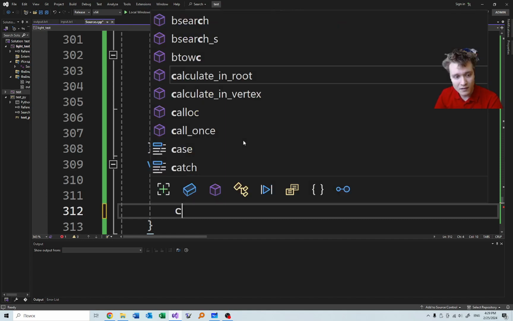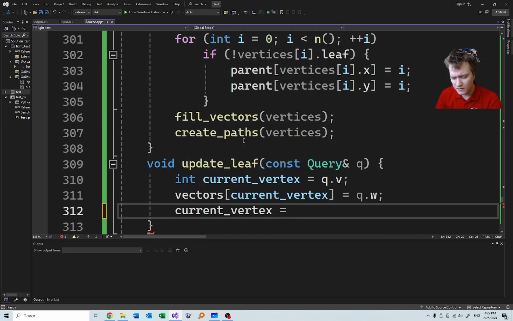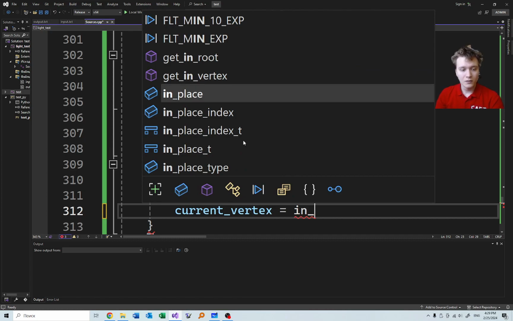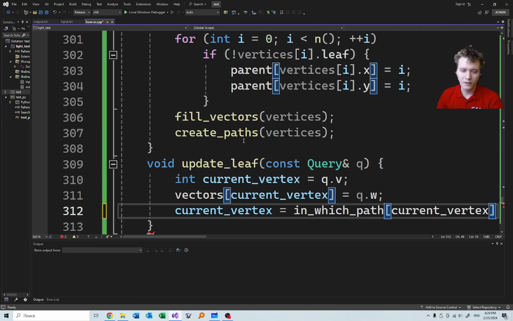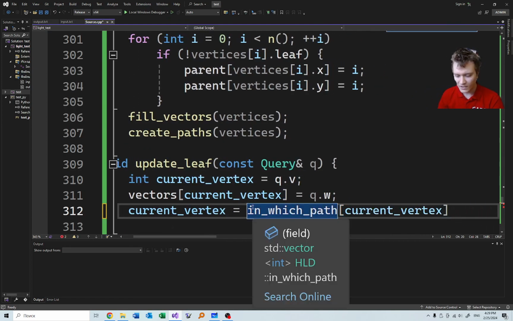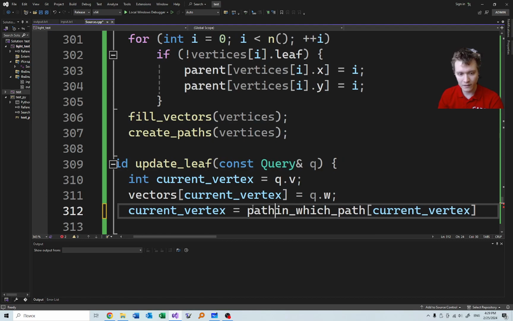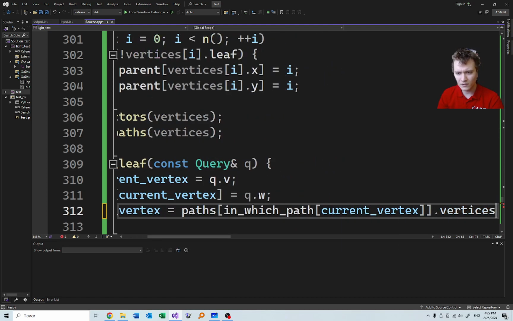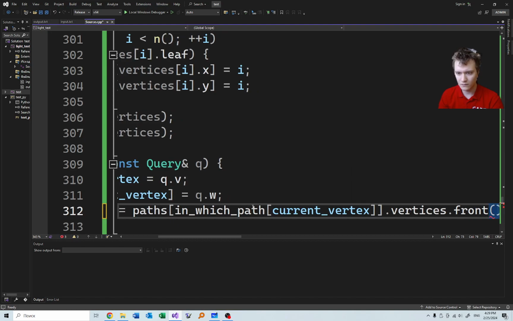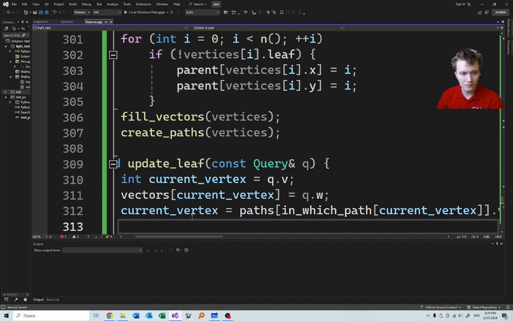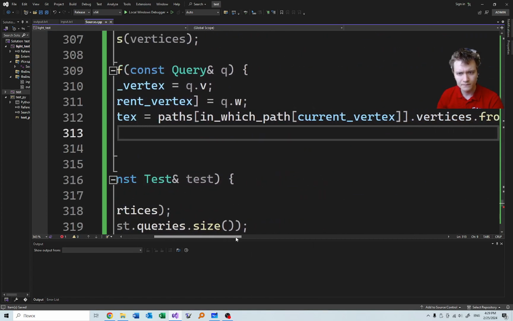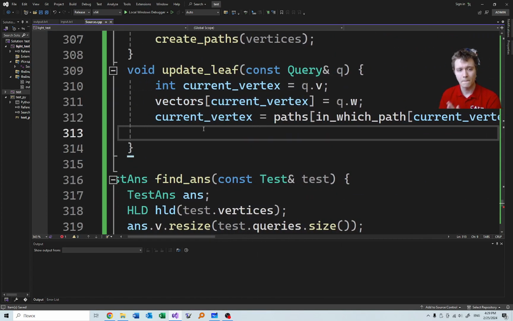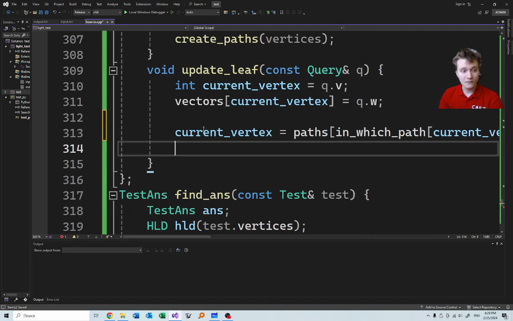Okay, so we can say that current vertex is in which path current vertex. Then we need to take this path vertices dot front. I would like to have... Okay, it doesn't matter. It's fine. So I need to update this current vertex.